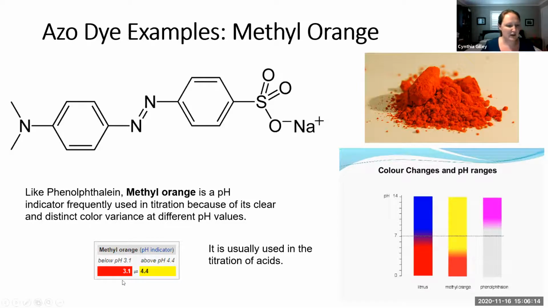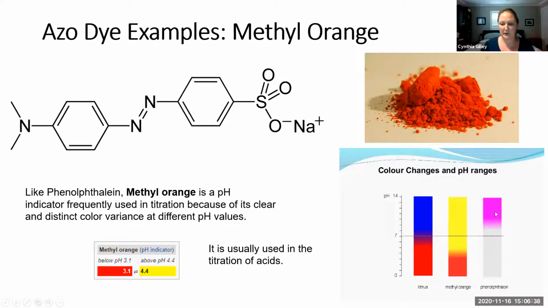And that change occurs in the acidic region at about 3 to 4 pH. So it's often used in the titration of acids. I added this nifty little chart here so you can see how the color goes from red to yellow in that pH 3 to 4 range.